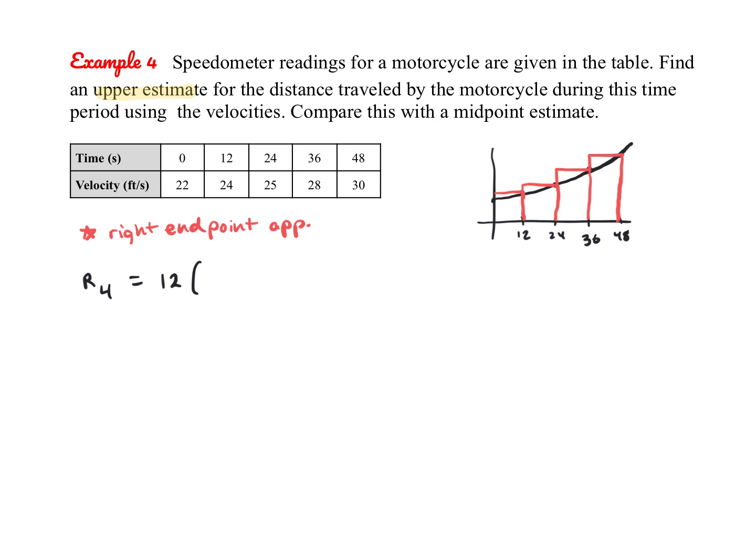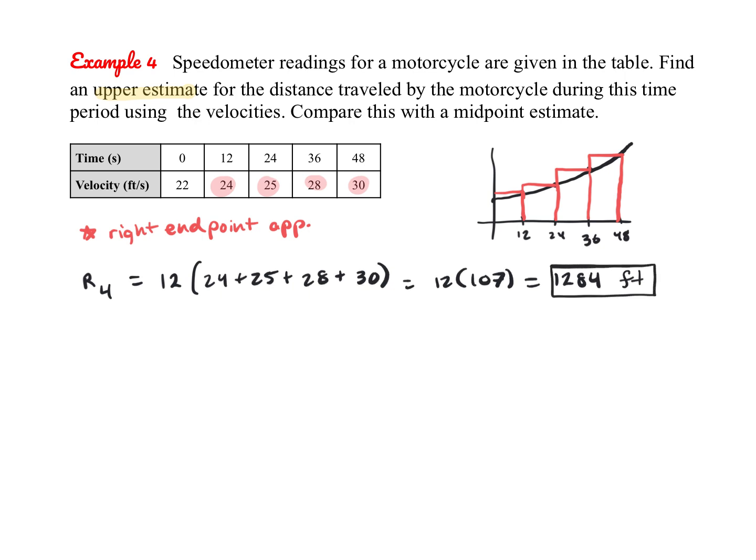So we're going to be using these heights because again, it's the right endpoint approximation. So 24 plus 25 plus 28 plus 30. And then, so that gives us 12 times 107. So our total distance traveled will be 1,284 feet. Okay, so again, that is an overestimate.